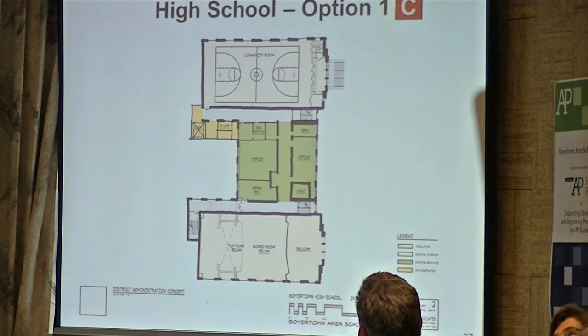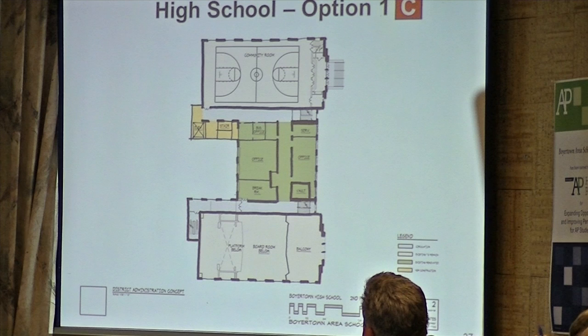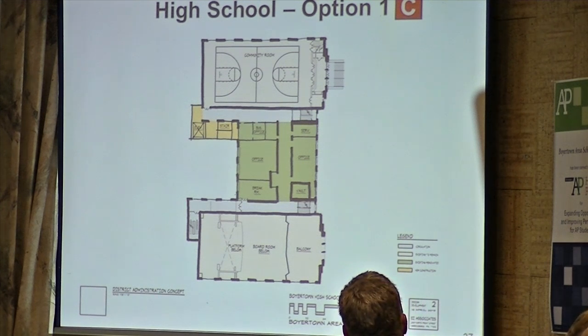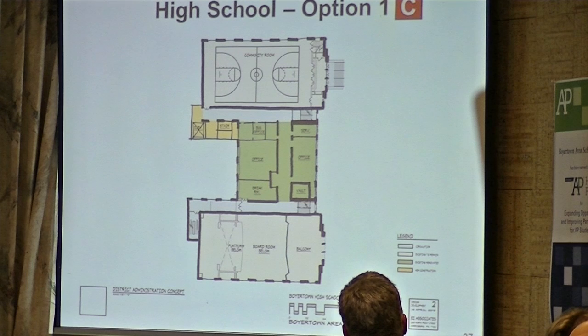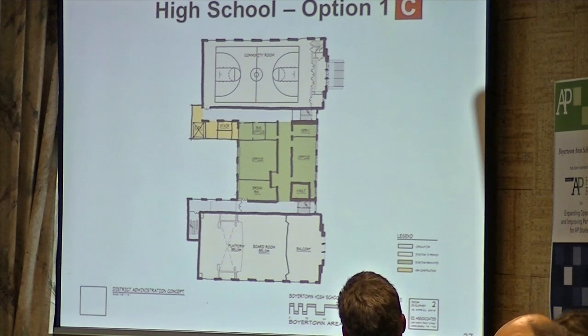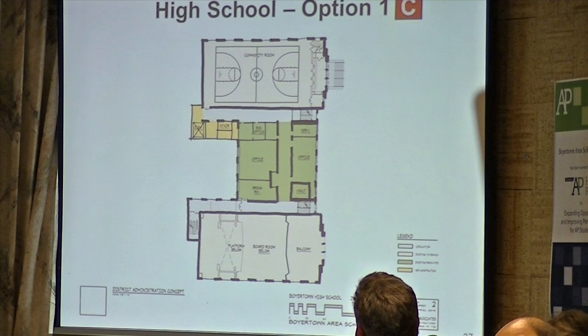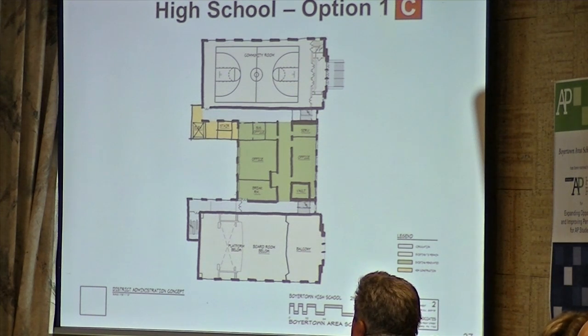But that's something we would have to look at if we want to pursue that. How does the square footage of the office space in this option compare to the square footage of the office space here in this building? We'll check that and get back to you on that. Right now, your existing educational center has about 11,200 square feet.